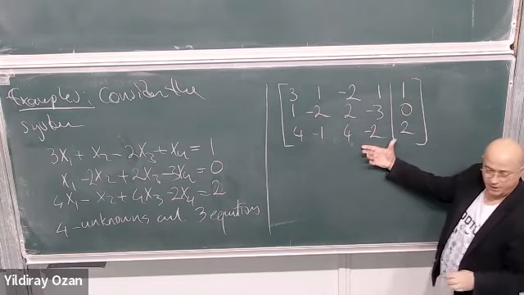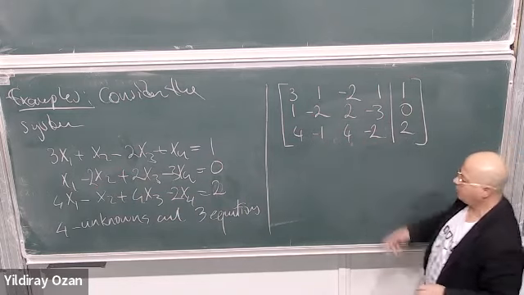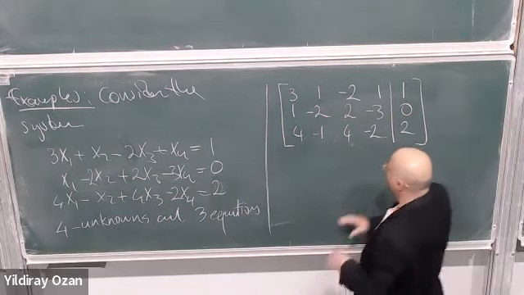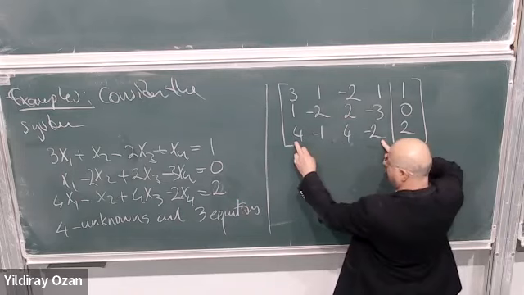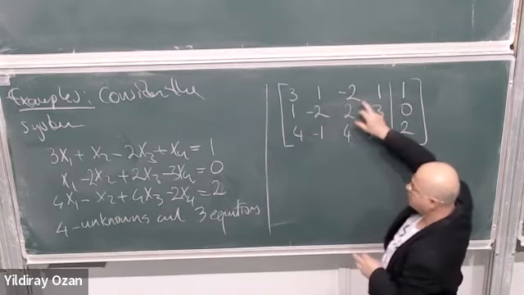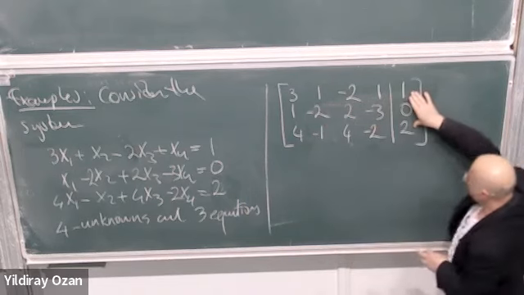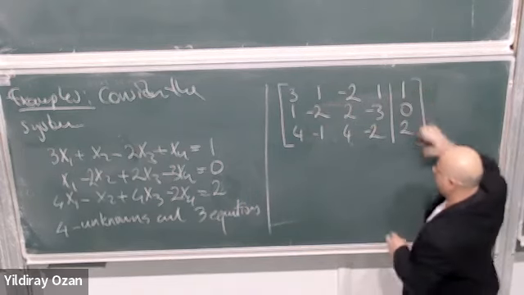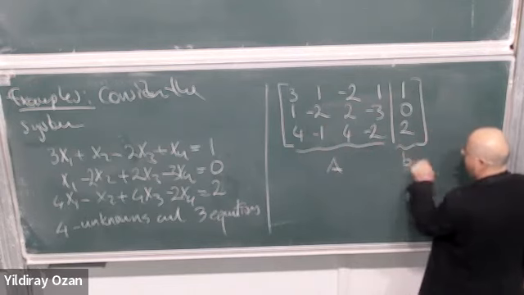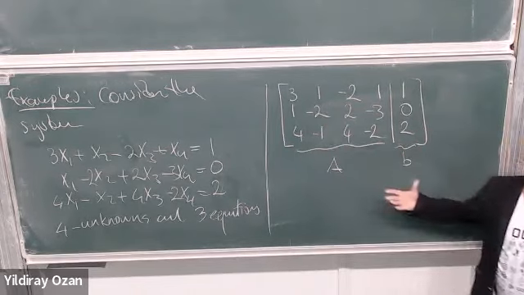I keep in mind that this corresponds to this system: this matrix multiplied with x1, x2, x3, x4 is equal to this. So this is my A, this is my B, and we don't write x.